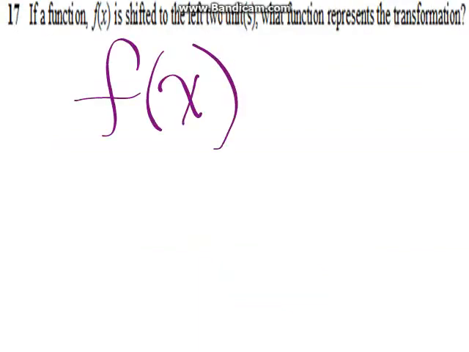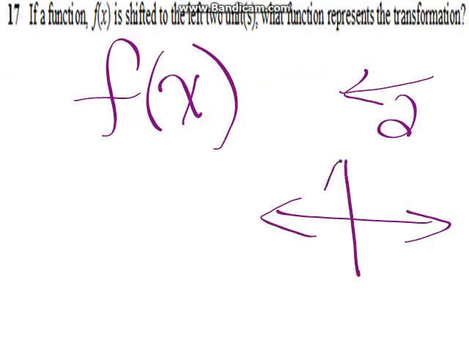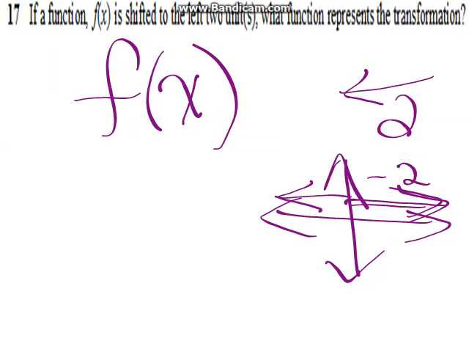17 says, if a function called f of x is shifted to the left 2 units, what function represents this transformation? So we've learned when we move things horizontally across the x-axis, this way or that way, if we move it to the right, we do a minus 2.